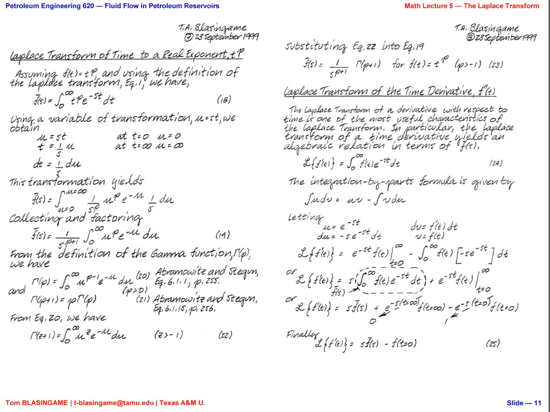One of the most important cases, and it is directly the application to the partial differential equations that you're going to deal with in this course, is when you deal with the time derivative.